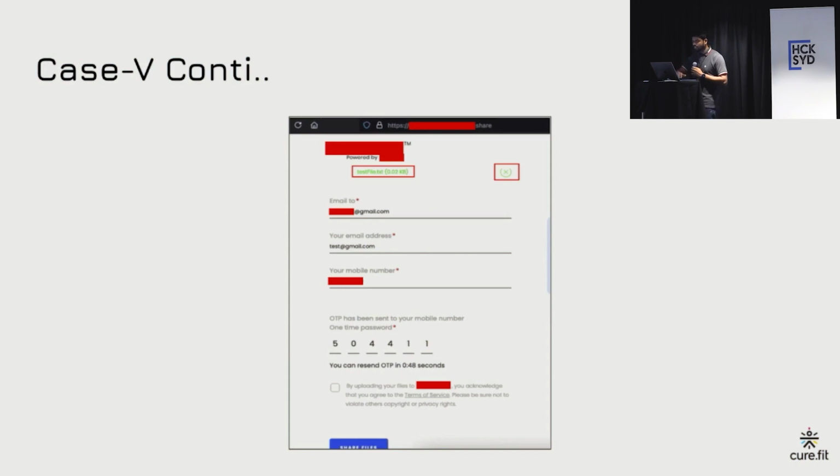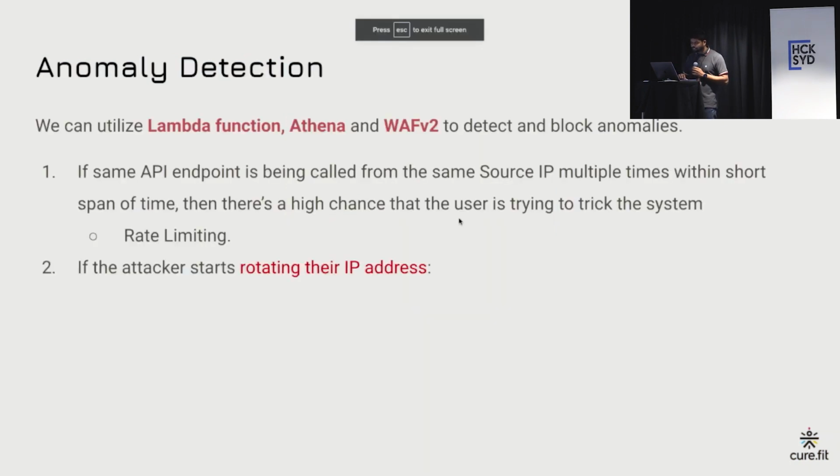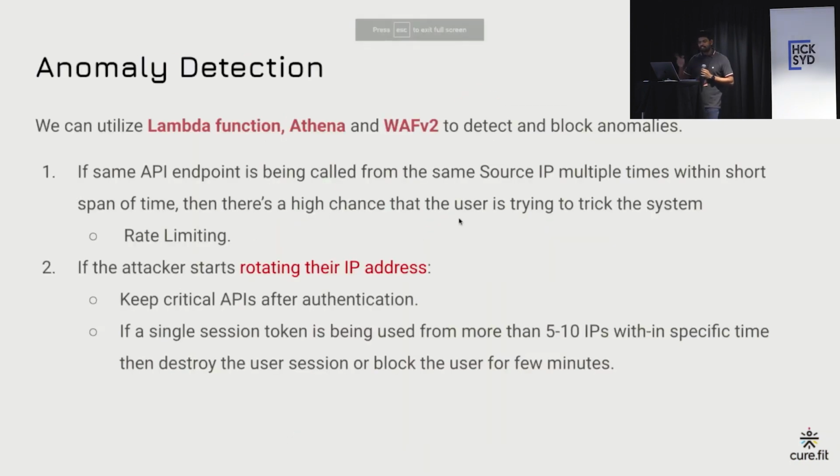So no one could have removed the file of another. So first you need to keep the critical APIs after authentication, and the second one will be, if a single session token is being used from more than 5 or 10 IPs within a specific time, then destroy the user session or block the user.